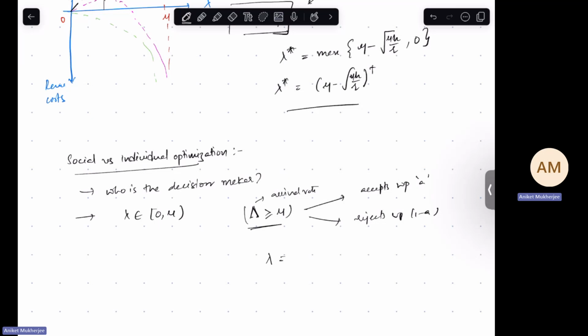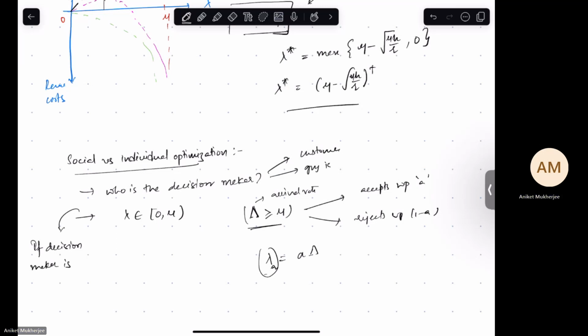Basically, you want to design A. The second question we are talking about is the case where the decision maker is the guy who is running the queuing system, not the customer, right? So the decision maker could be the customer or could be the guy who is running the queuing system.